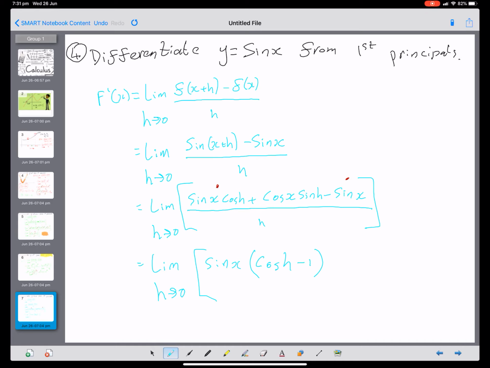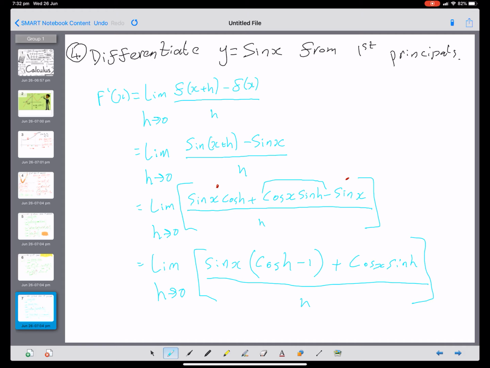And we are left with plus cos x sine h all over h. Okay, let me double check to see if that's right. Okay, fine. Brilliant.